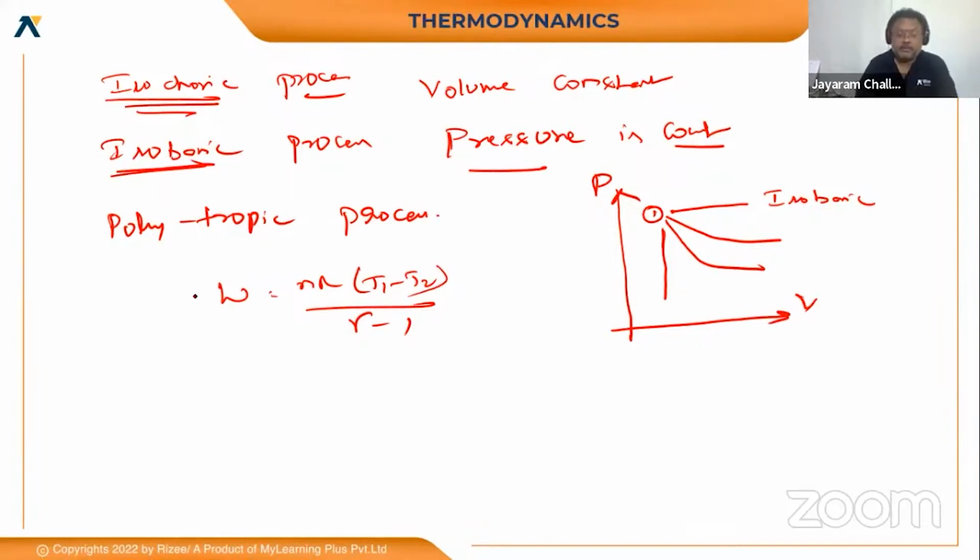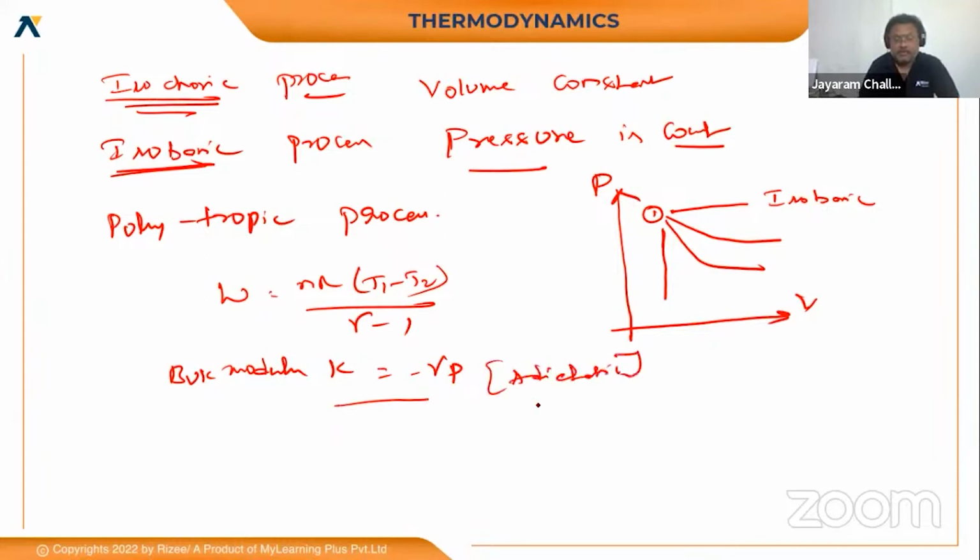In this case, the bulk modulus K, I want to establish a relationship with the pressure, which is equal to gamma P. This comes under which process now?